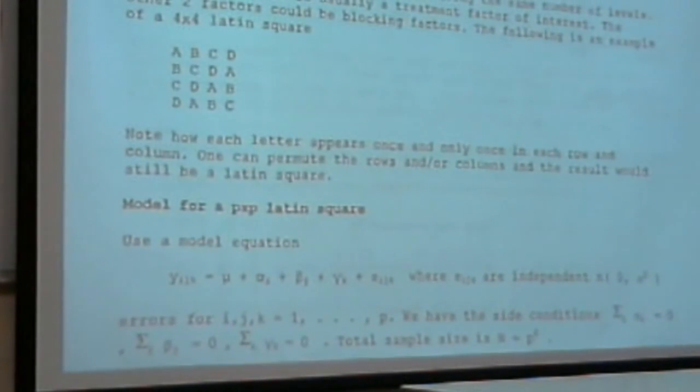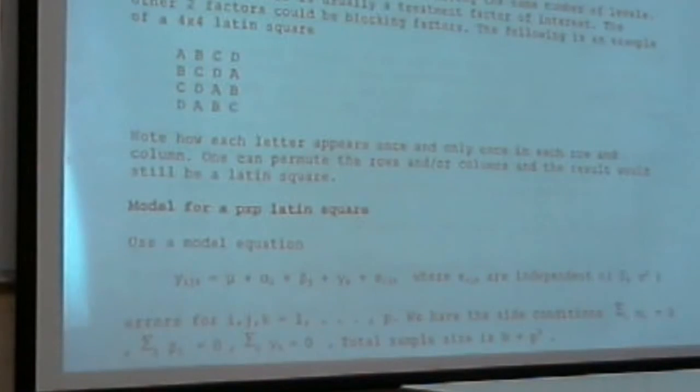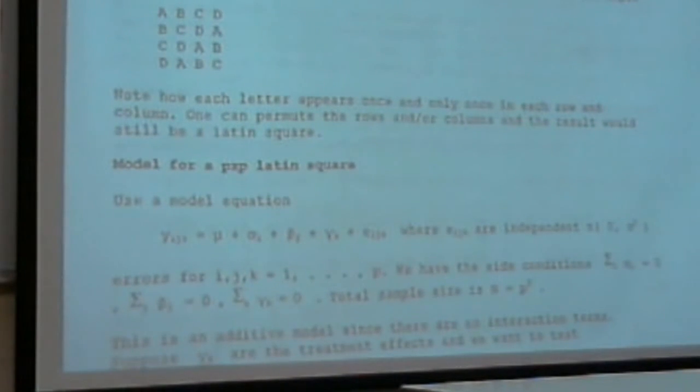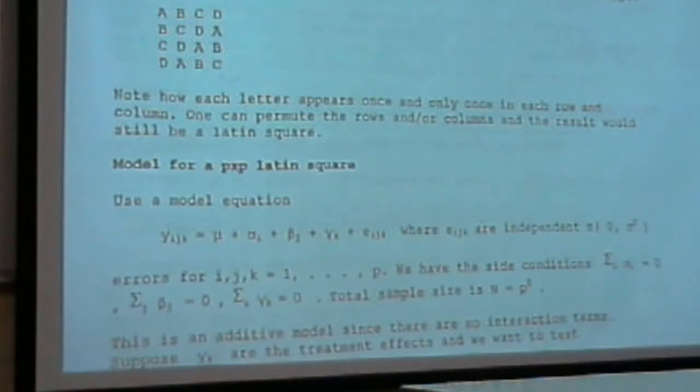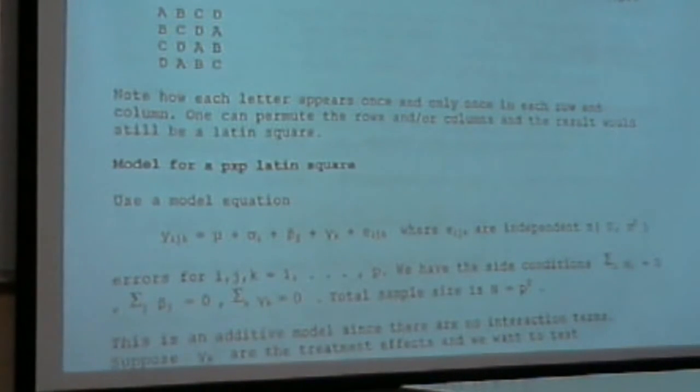Okay, now that we have the last idea in this handout here, the Latin square design. Those of you on the board remember that you can find that chapter 28 in your textbook is about the Latin square design.